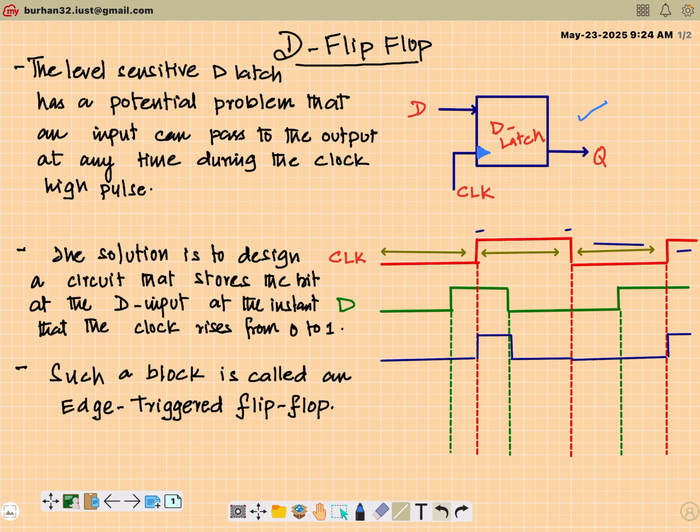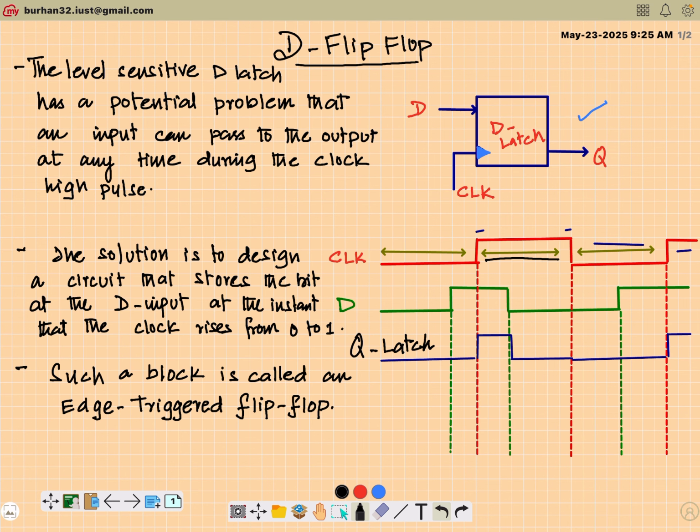So this is the typical output when it is a latch. Because it is level sensitive, it will trigger through this entire duration. What I mean by that is that in the positive clock pulse, at any instant if there is a change in the input data, that change will be transmitted to the output Q. Fine. Now why is this a problem?